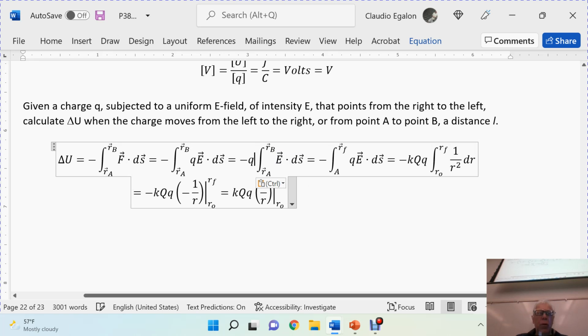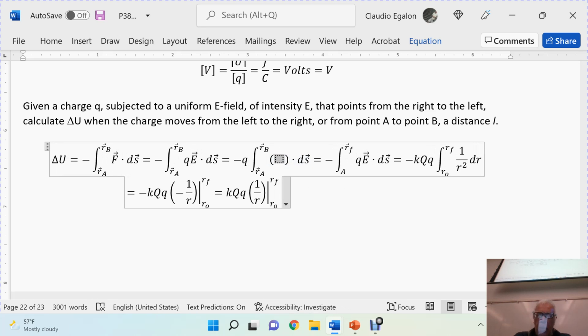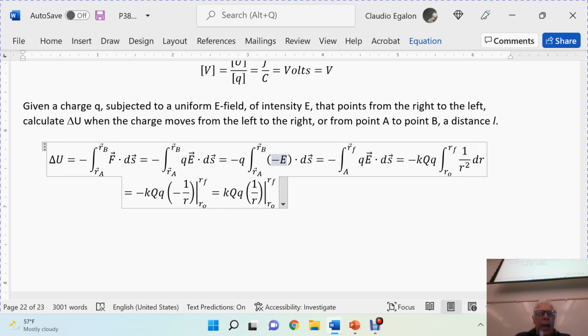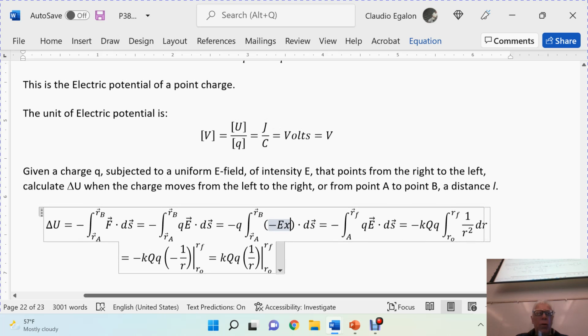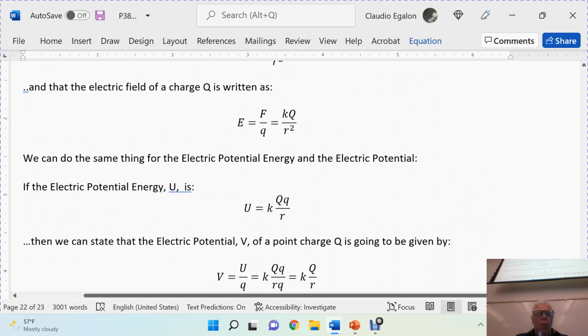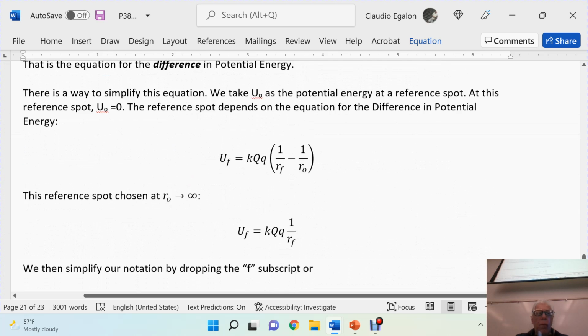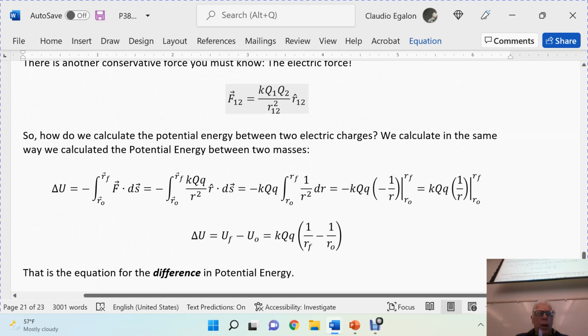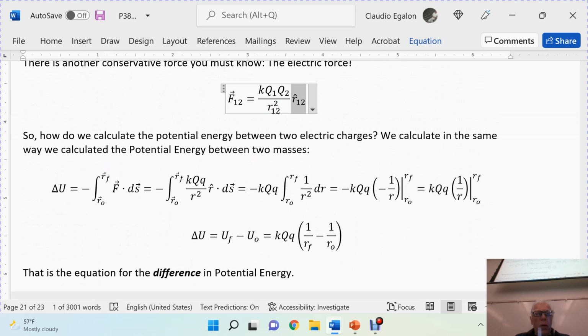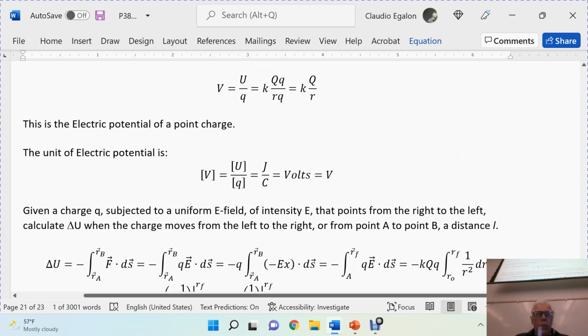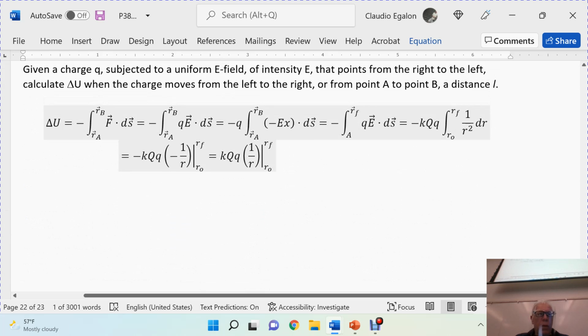I'm going to write this electric field as minus E in the x hat direction. Like that.